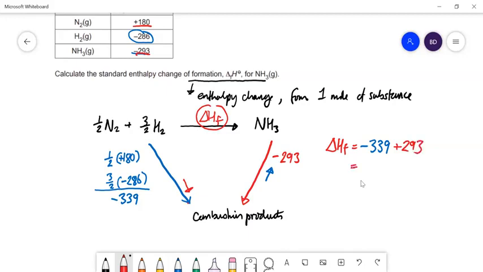And that is equal to minus 46 kilojoules per mole. That is our answer. A little bit tricky, that question, because they're trying to confuse you into drawing the Hess's law cycle that you'd normally draw when you're given delta HF values, but we need to use the combustion ones there.